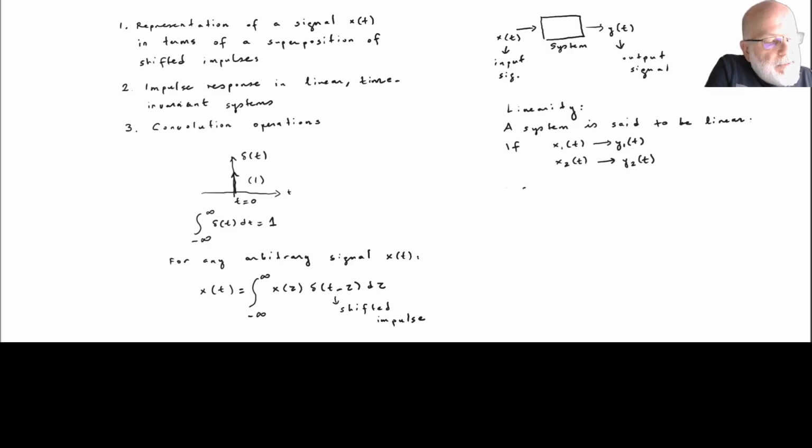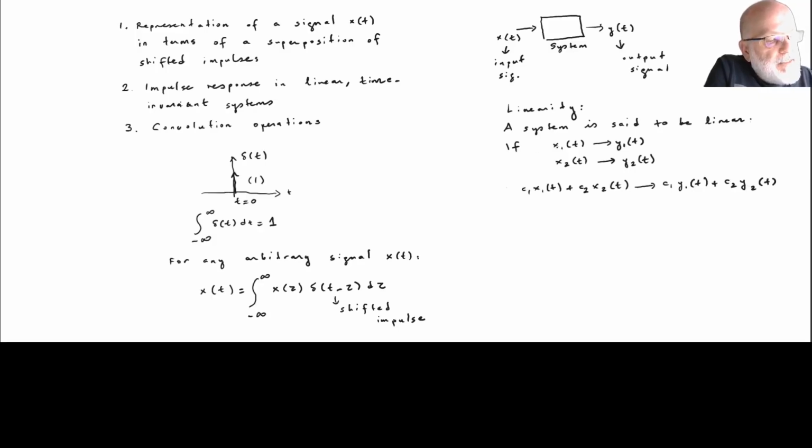So c1 x1 of t plus c2 x2 of t will yield the output c1 y1 of t and c2 y2 of t.